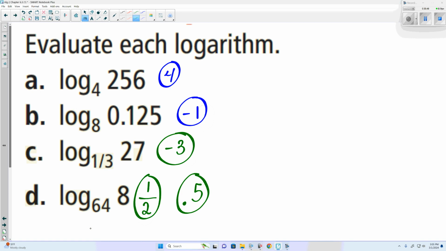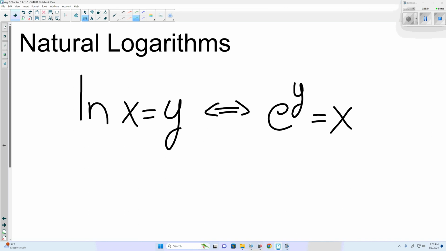Questions on this here? We're going to do at least one of these. Natural logarithms. The natural log, ln of x, equals y, if and only if e to the y is equal to x. The base for any natural log is understood to be e.